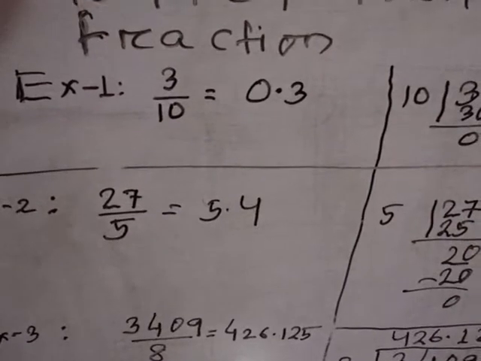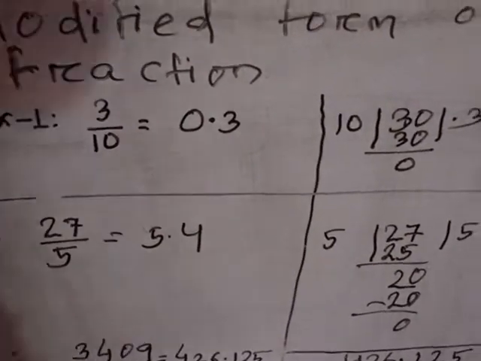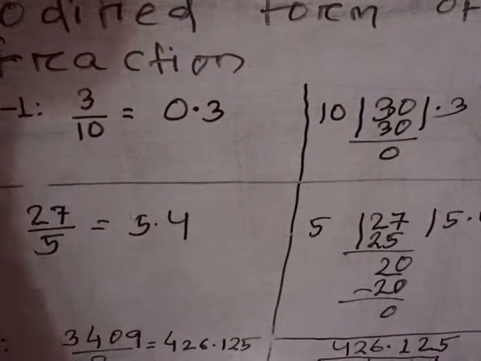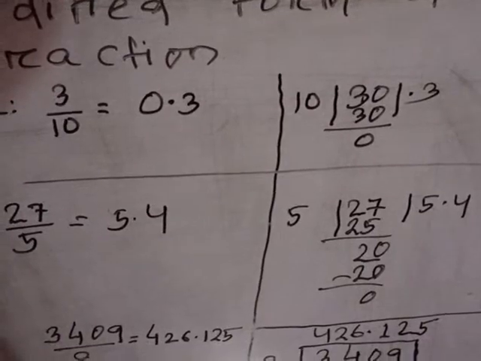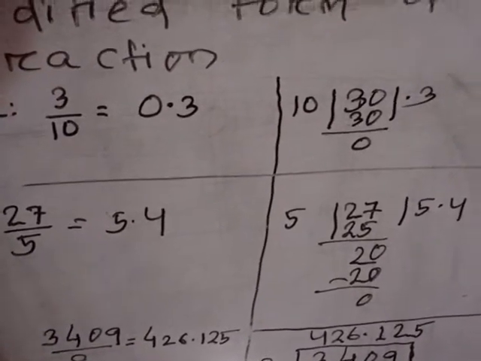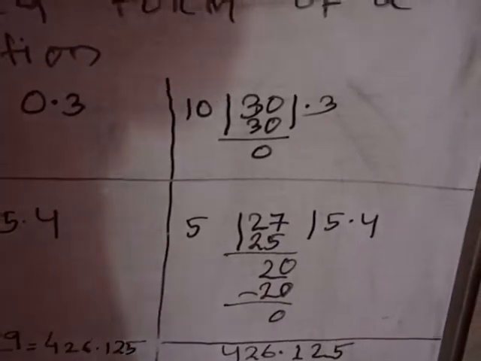Similarly, 27 by 5 is equal to 5.4. So 27 by 5 is a fraction. So 5.4 is a decimal number. By dividing 27 by 5, you see, we shall get 5.4.